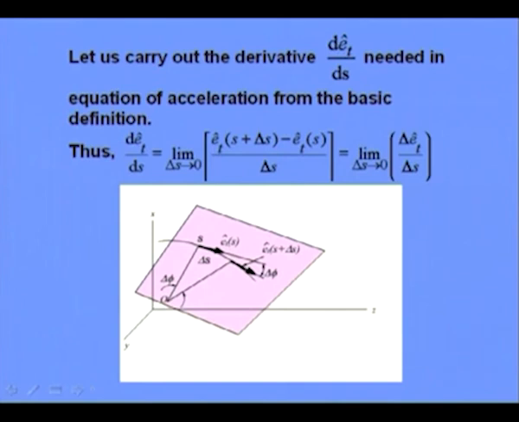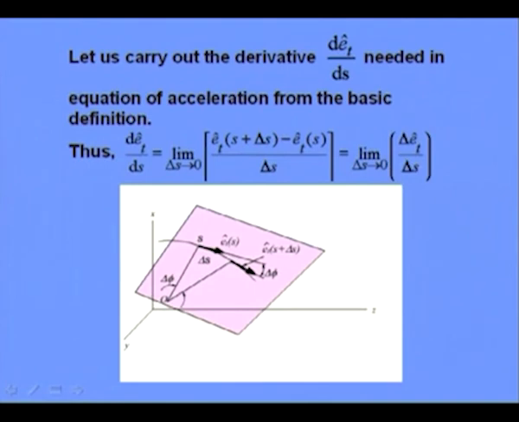Now, from the basic definition, dEt by ds is the limit as delta s tends to 0 of Et(s plus delta s) minus Et(s), divided by delta s, which can be written as the limit as delta s tends to 0 of delta Et by delta s.